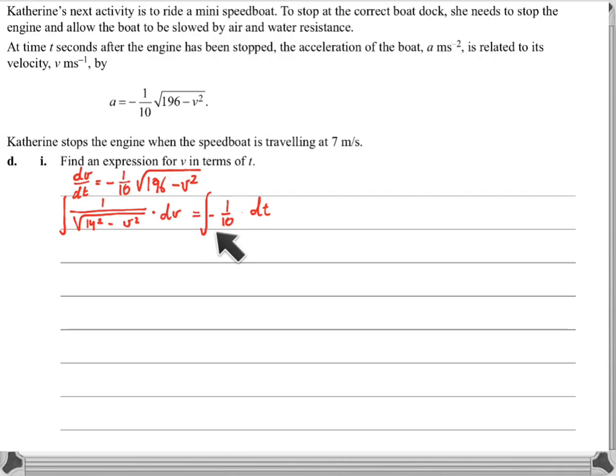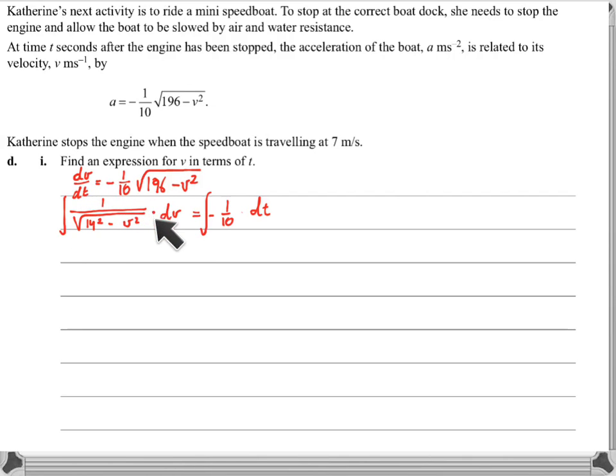It's important to put only the v parts relevant to the v function on the left, and any other thing like this minus t over 10, not needed in your v function, is going to join the t part over here. It's good to get in the habit, because that makes the solution easier to solve.